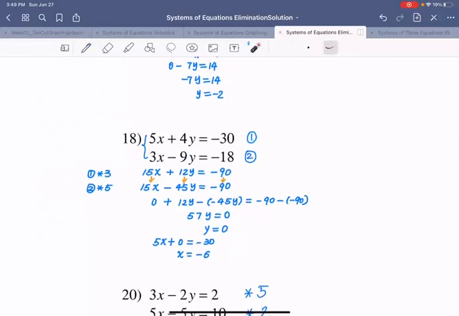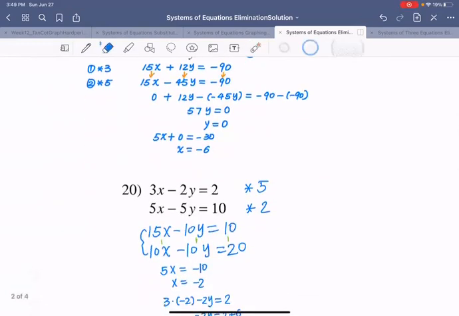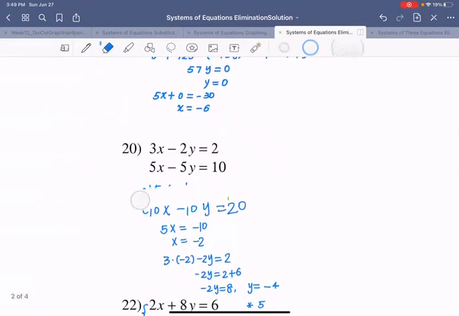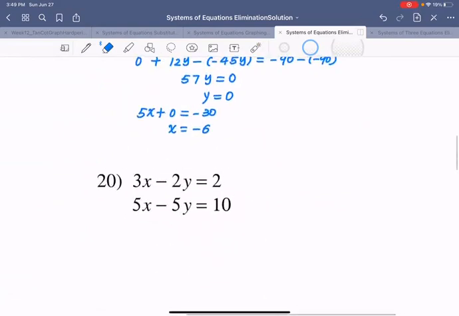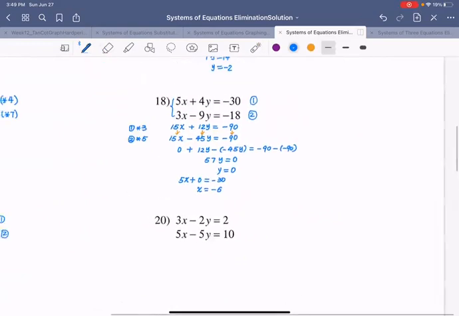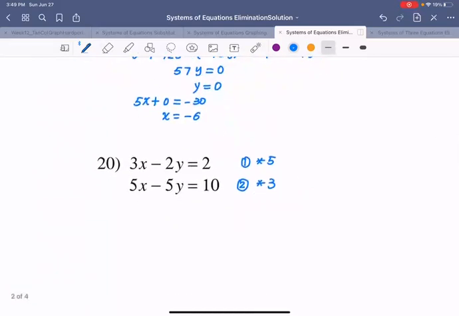You like this way? Yeah. Okay. Ashley, it's your turn to do number 20. You just do what Ethan did. You are going to make the first equation times 5 and the second equation times 3. Go ahead. First equation times 5.